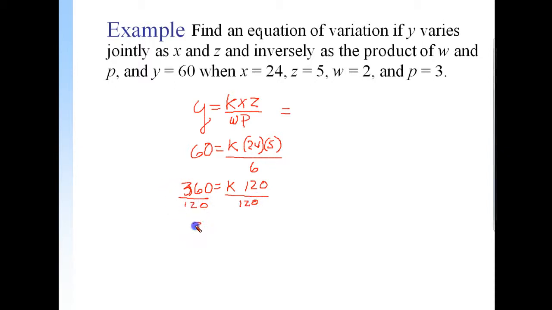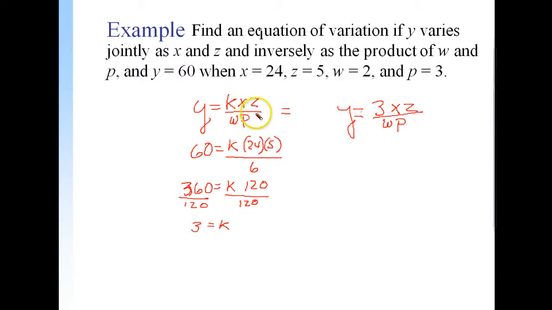This works out nicely. So K equals 3. So the equation of variation then would be up here, y equals 3, because we have determined what our constant of variation is, xz over wp.